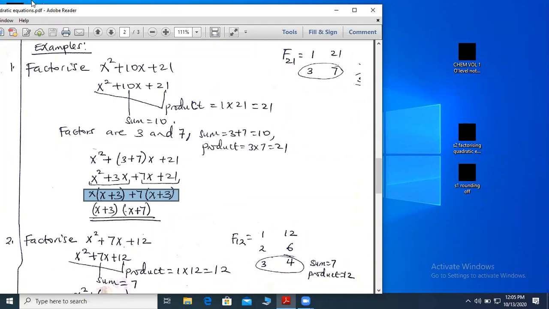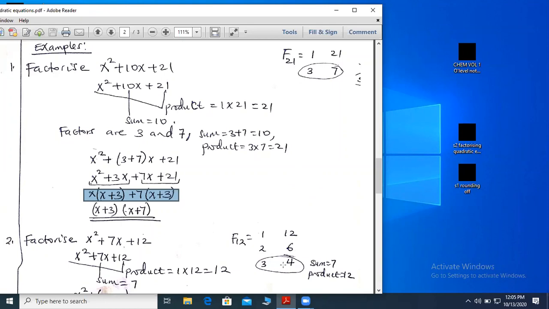Now, in the first case, 1 times 12 is 12, but when you add, you get 13, and the sum is not 7. Here, 2 times 6 is 12, but when you add, you get 8, and the sum is not 7. We go to the next one. 3 with 4.